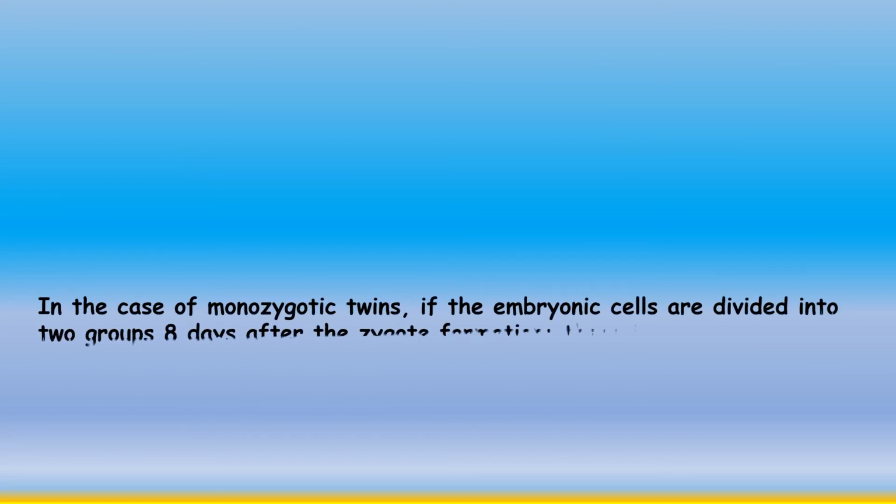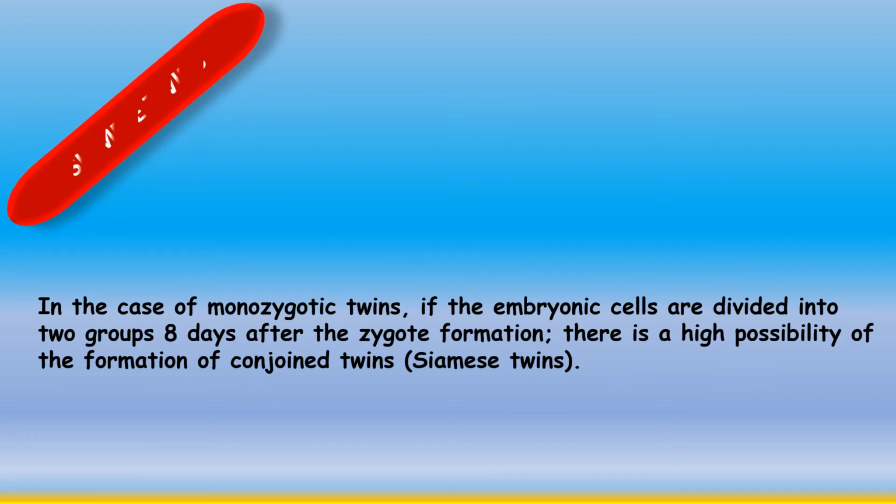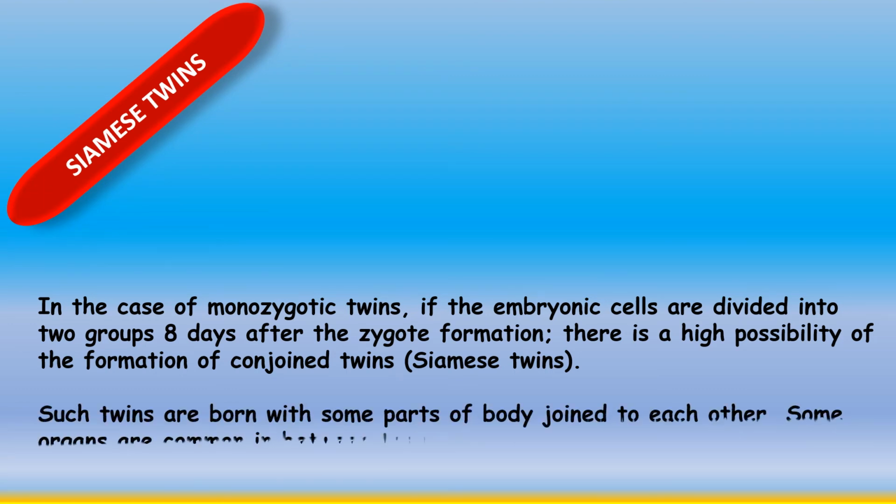In monozygotic twins, if the embryonic cells are divided into two groups 8 days after zygotic formation, there is a high chance that there will be the formation of conjoined or Siamese twins. So embryonic cells should divide into twins before 8 days, and therefore if it is not divided or divides after 8 days, it could be that these twins can be Siamese twins and they could be joined by any body part.